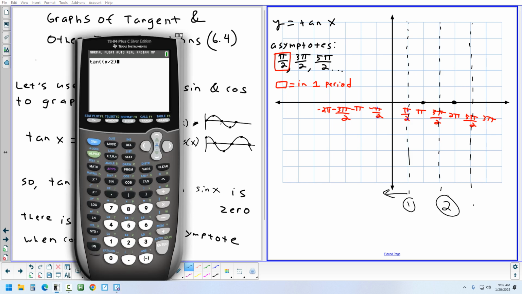So what I'm going to do is just go a little bit bigger, like that. So I'm going to do the tangent of pi over 2, and I'm going to add a really small amount to it. What's happening to my y value when I'm very close to pi over 2, but on the right side of it? What's my y value approaching?